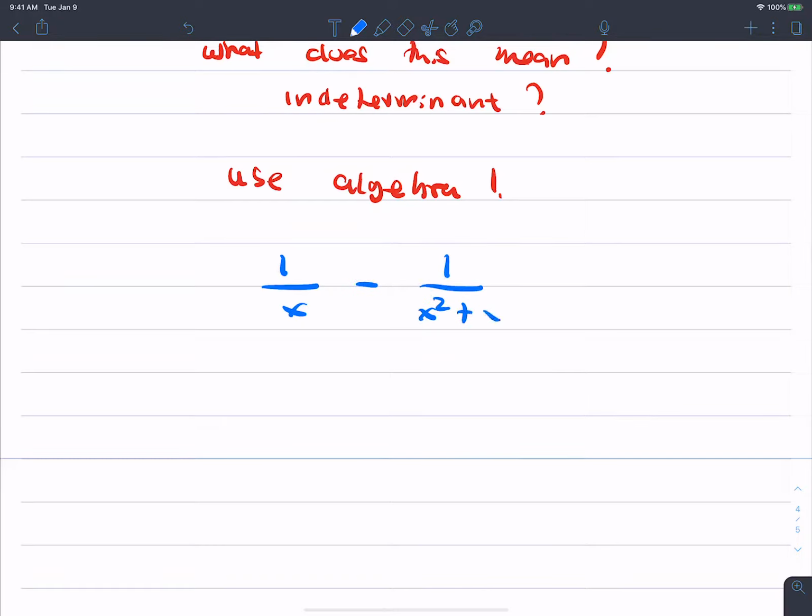So using that statement I gave you guys earlier, x squared plus x minus x over x times x squared plus x, which is x squared over x times x squared plus x. And when we cancel, we get x over x squared plus x. So you canceled right up in here, right?